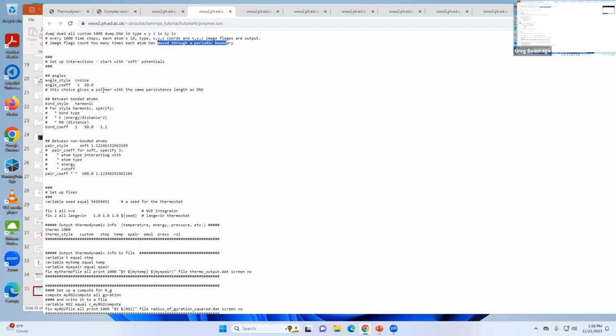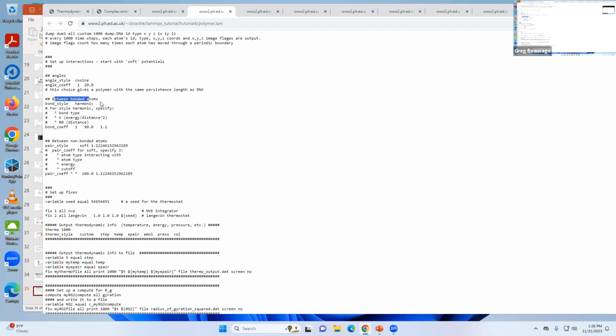The first one is just an index, and the second one's a value. All the angles are angle type 1, so they're all 20 degrees. He says this gives a polymer the same persistence length as DNA. Okay, I guess you just believe that.